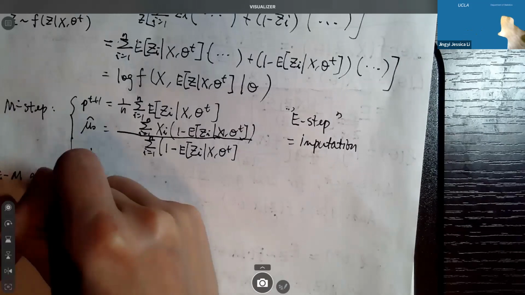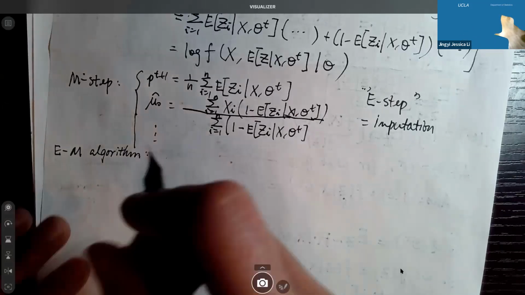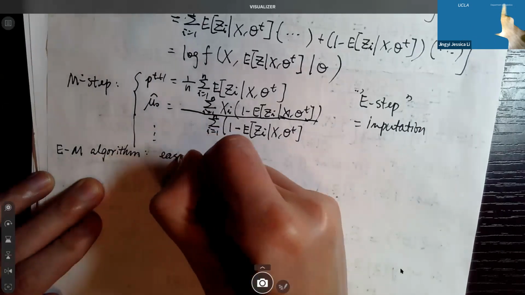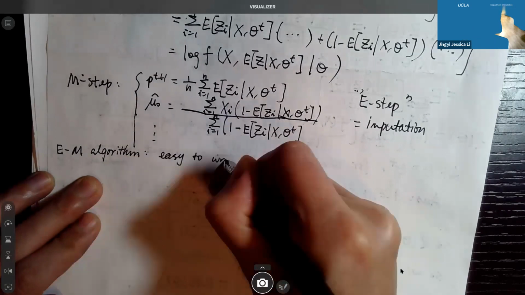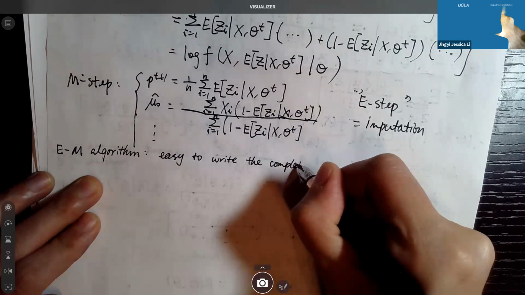which is applicable when you can easily write the complete likelihood and obtain its MLE. So it's easy to write the complete likelihood.